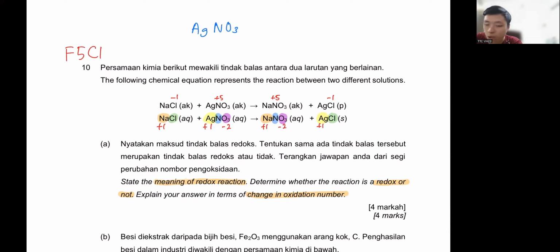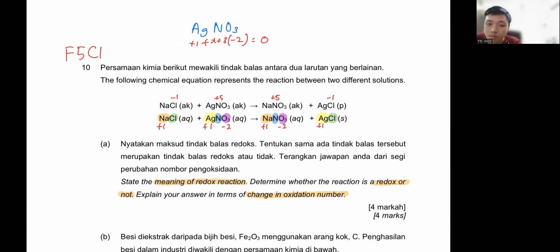You see how to calculate the oxidation number. This is plus 1, this is minus 2, and N is X. How many minus 2 are there? 3, because there are 3 O. So you use 3 times negative 2, and everything added together equals 0.